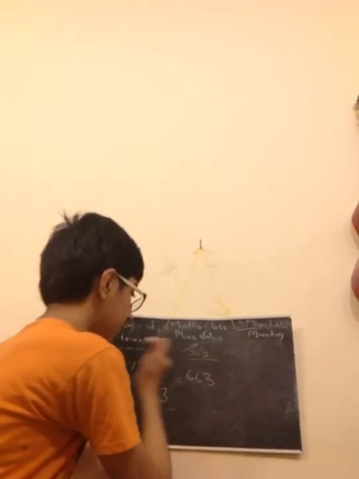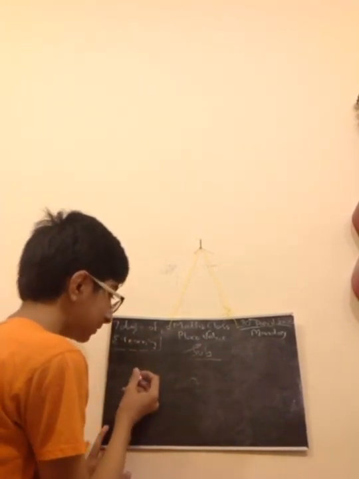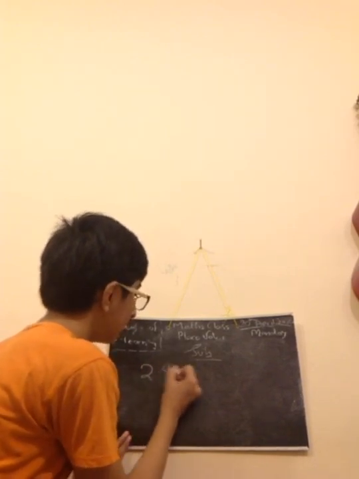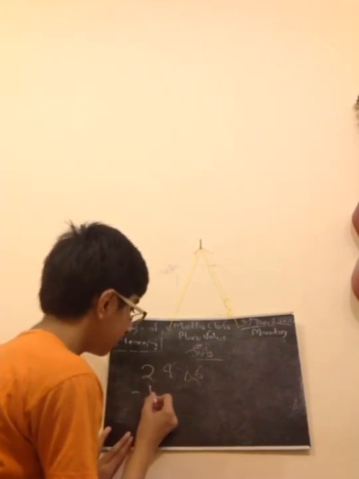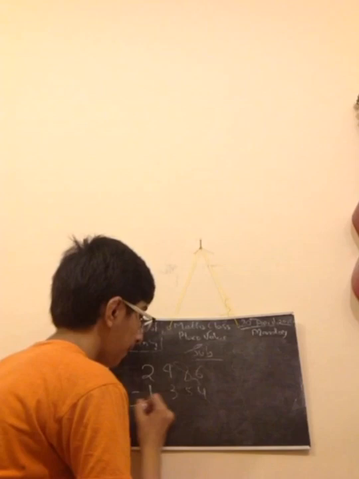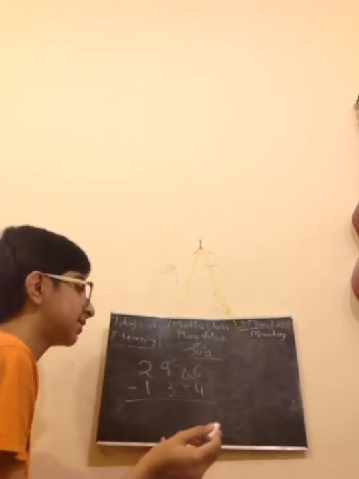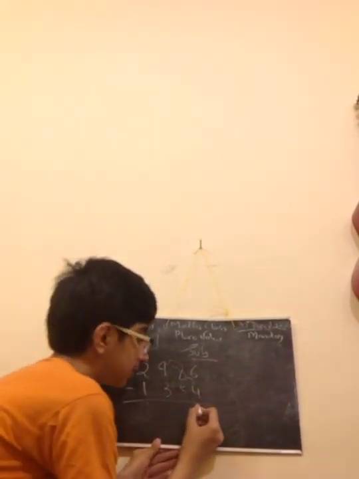Now let's try the thousand sum. 2986 minus 1354. Now, first let's do this. 6 minus 4 is 2.